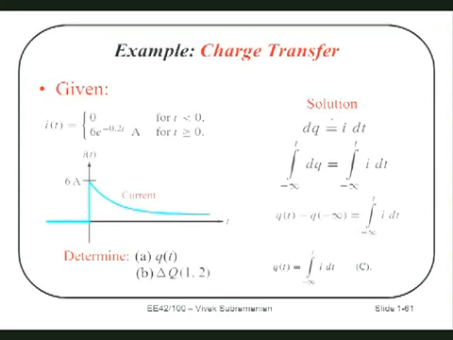This is my definition. I as a function of t, instantaneous current as a function of time, is equal to, and I'll have two regions of operation. The first region is when t is less than 0, before time 0, the current is 0. When t is greater than 0, it's a falling exponential. So it's 6 times e to the minus 0.2 t.